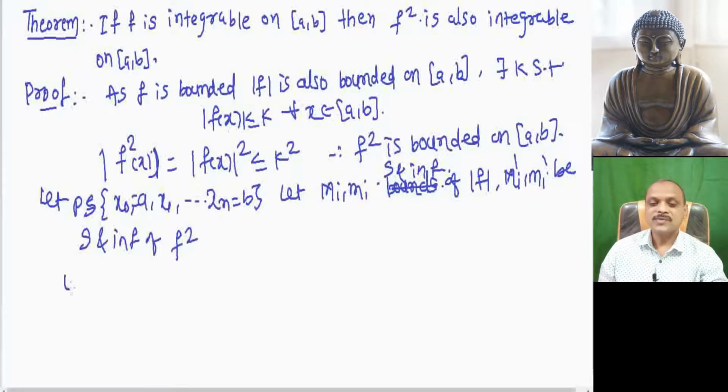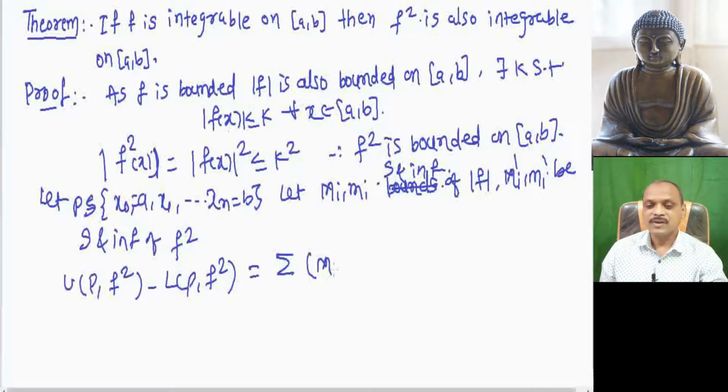Now let us calculate the upper sum of f square minus the lower sum of f square. This is nothing but the summation of capital Mi dash whole square minus small mi dash whole square into delta xi, i equal to 1 to n.